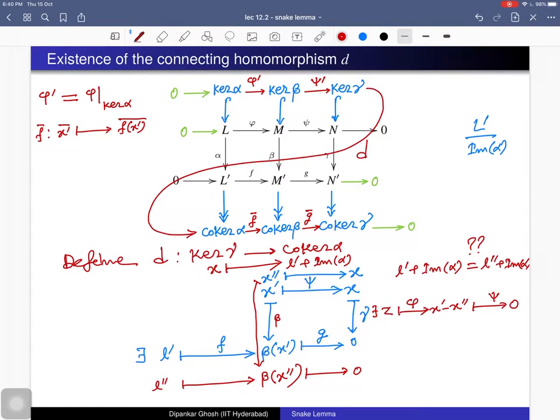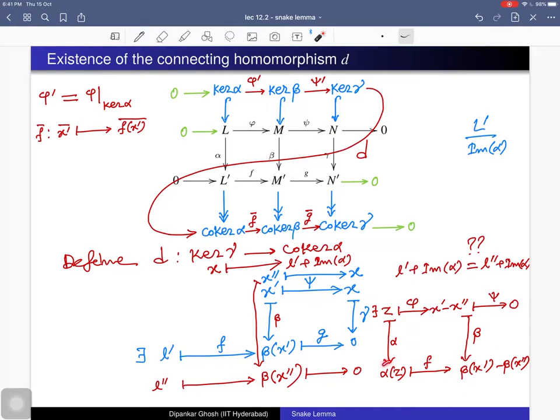And now if we consider this map, here we have alpha, so it is alpha of z, and what should be the image under f? If we come this way and apply beta, then it is just beta of x prime minus beta of x double prime. Since this diagram is commutative, starting from here, if we come this way, we are getting this. So if we come this way, we should also get this element.